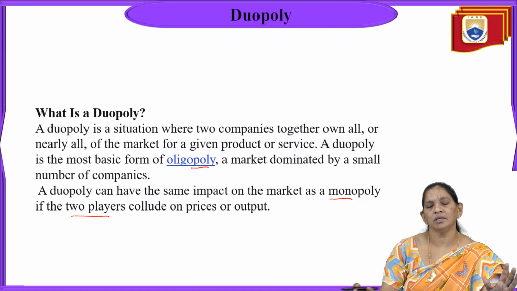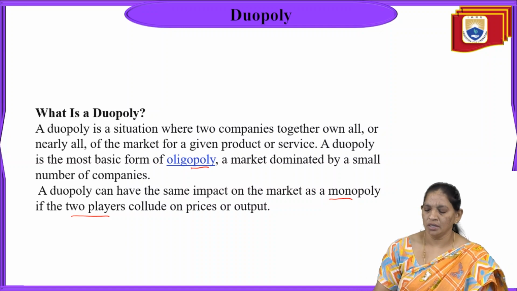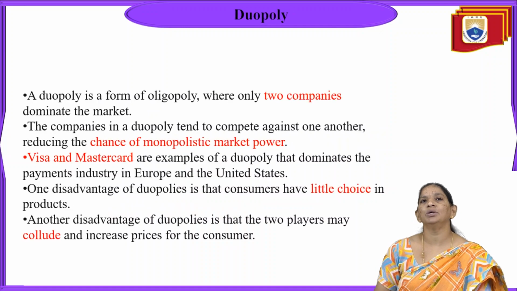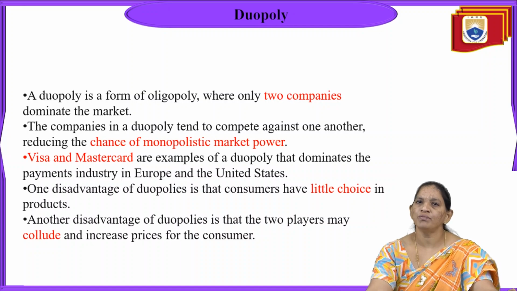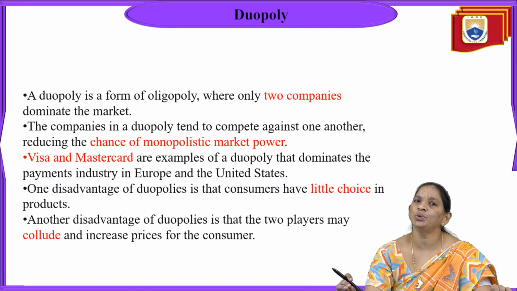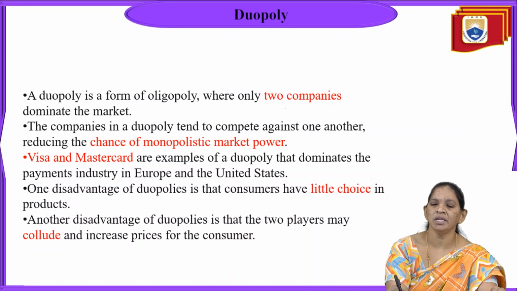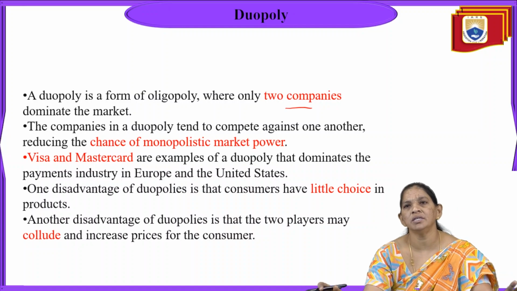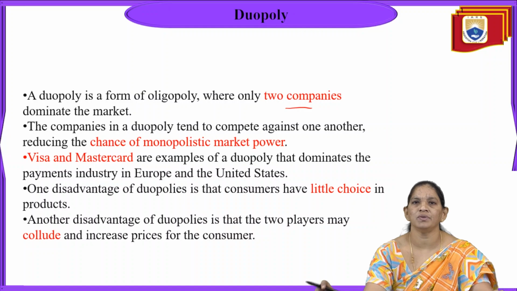So two companies compete with each other in the market under duopoly. It is a form of oligopoly: mono means single, oligo means few, and in between we have two sellers called duopoly, the only two companies dominating the market and providing that product or service.